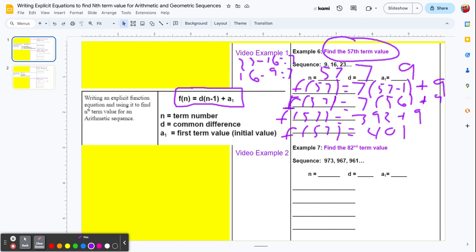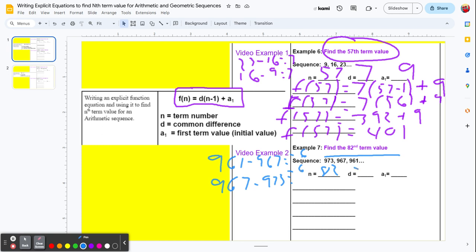Let's do another example with arithmetic. This time we have the 82nd term value we're trying to find, so our n is 82. Our common difference we have to figure out. 961 minus 967 equals negative 6. 967 minus 973 equals negative 6.